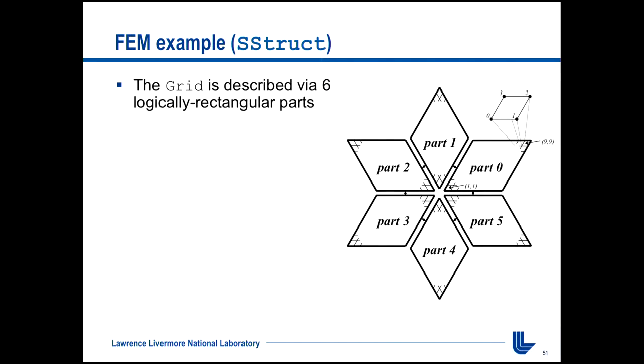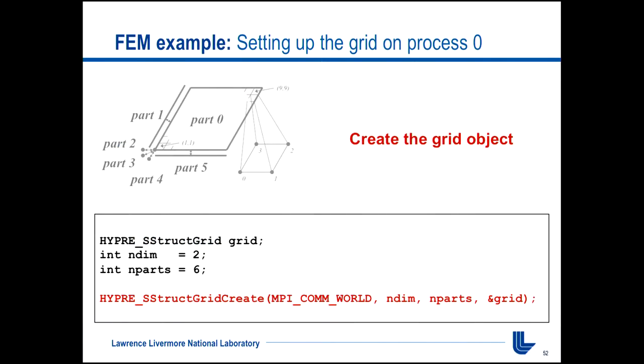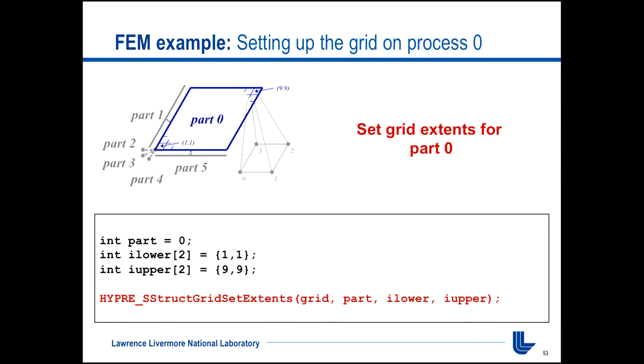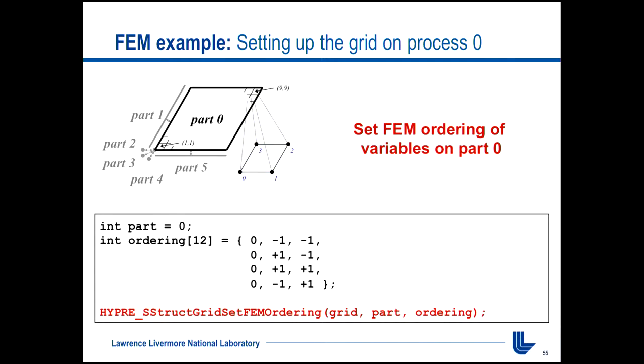Okay, it's similar to before. I've separated into 6 parts, put them each on a processor of their own. Again, for the grid, you create it, you set the extents, and then you have to set the variables again, so it's just a nodal variable in this case. Because I'm doing finite elements now, I set an ordering for the variables in each one of these rectangles, so 0, 1, 2, 3 is what I've chosen to do here.